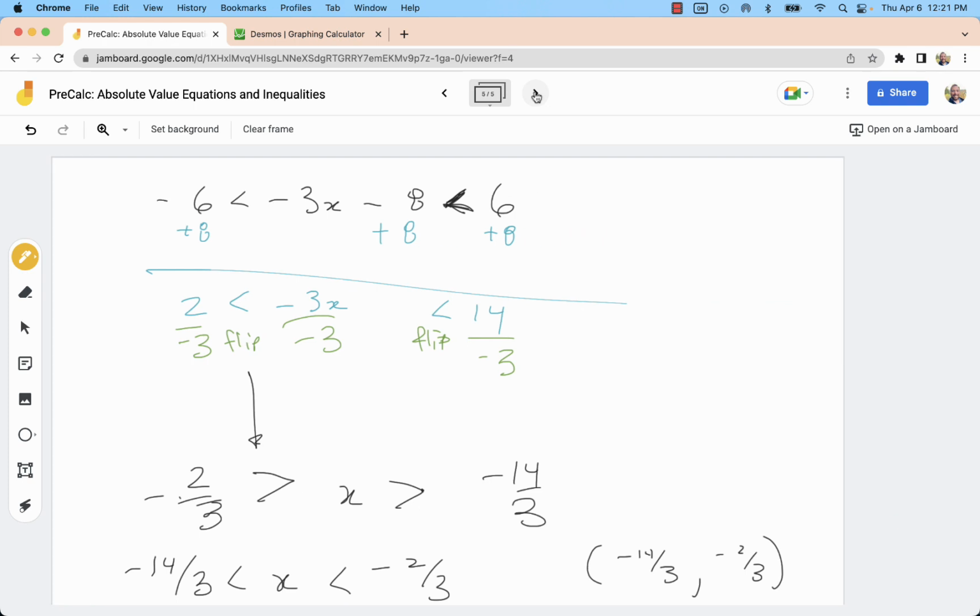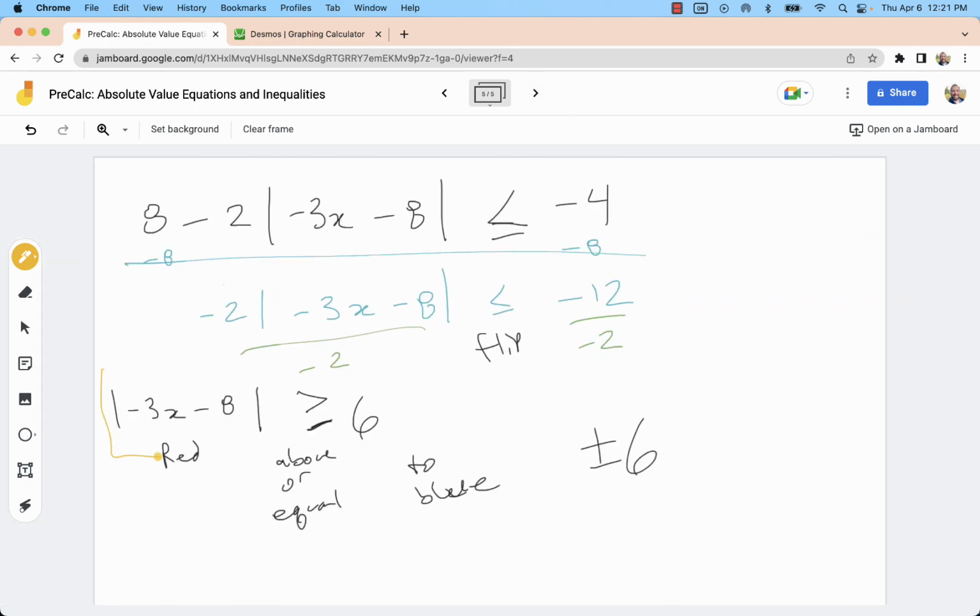So we are going to have that same property here. Start by keeping it how it is, just without the absolute value. Negative 3x minus 8 greater than or equal to 6. Or rewrite everything and just flip the sign and flip the inequality. So change it from a positive to a negative 6, and we're saying it could be above positive 6, or it could be below negative 6.